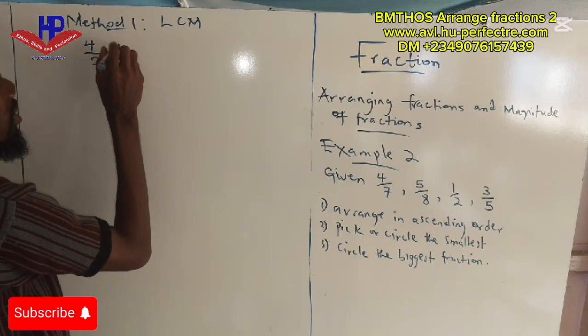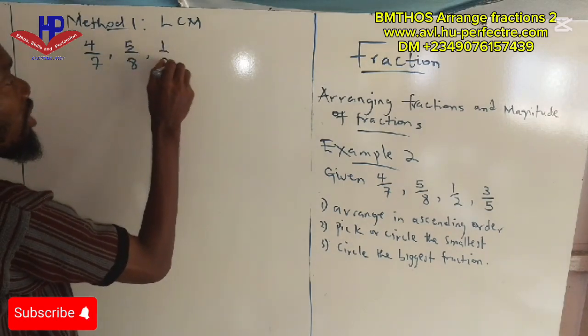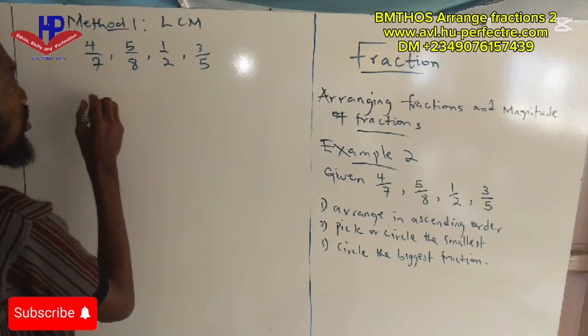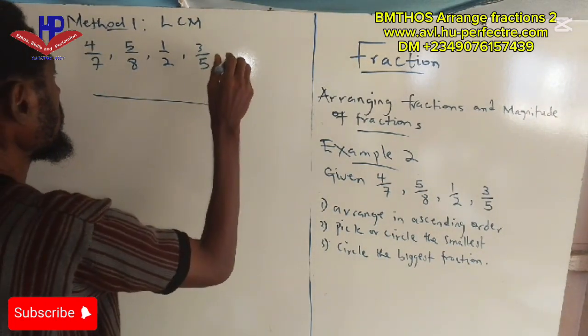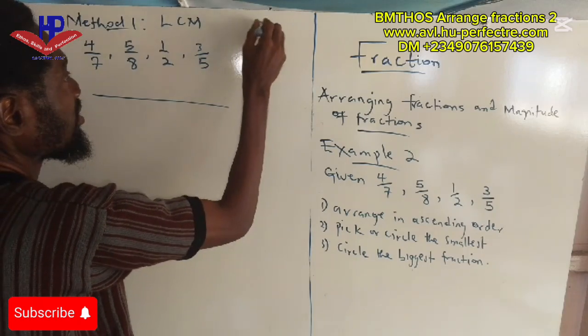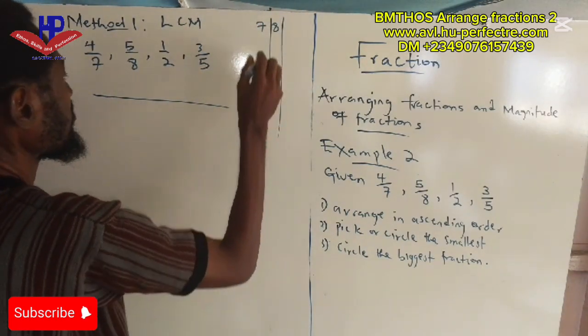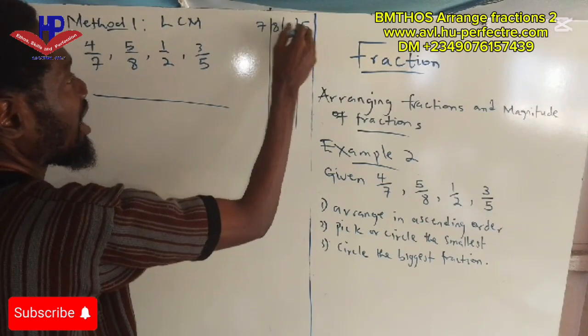The fractions are 4/7, 5/8, 1/2, and 3/5. So we need to find the LCM of these numbers. If we do that, 7, 8, 2, and 5.